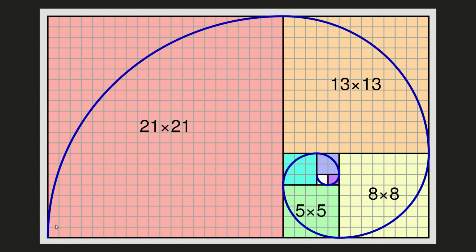This sequence is what is called the Fibonacci sequence. It was named after an Italian scientist from the medieval times. And what we are going to do today is play with this particular spiral, which is called the Fibonacci spiral in his honor, as well as the Fibonacci sequence, and try to see how various Python constructs can be used.